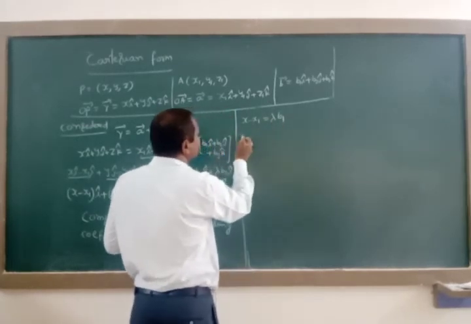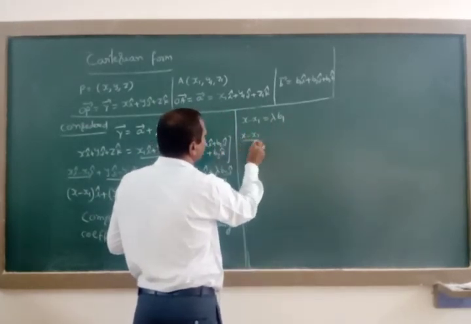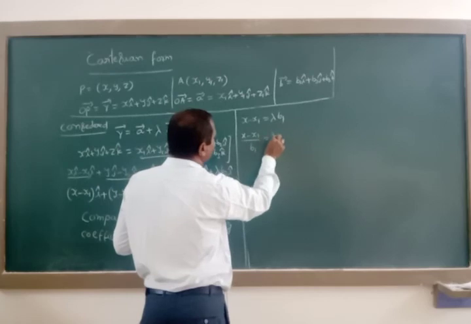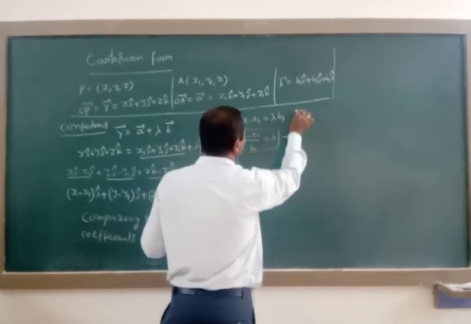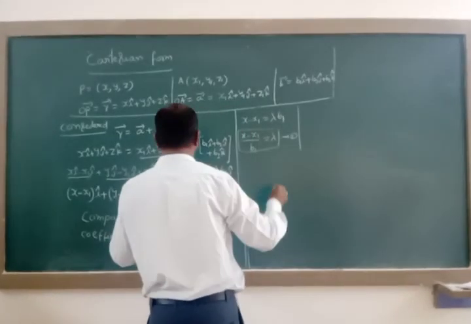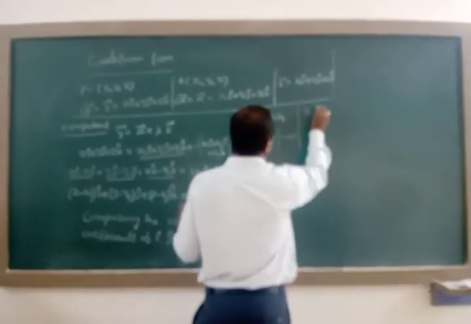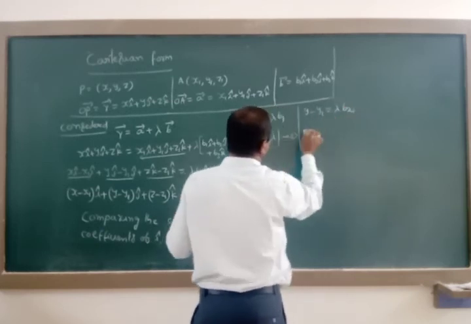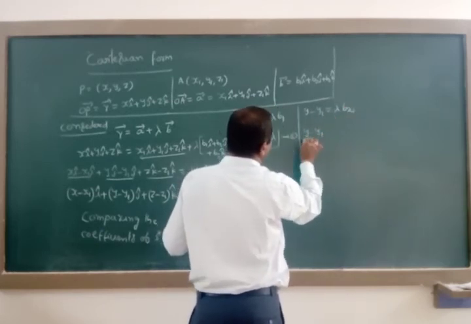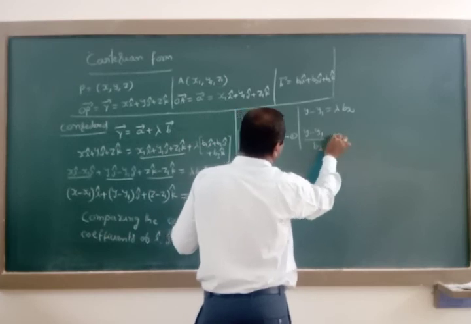Send b1 to this side: x minus x1 by b1 is equal to lambda. It is equation number 1. Next come to the j cap coefficients: y minus y1 is equal to lambda into b2, that is y minus y1 by b2 is equal to lambda.